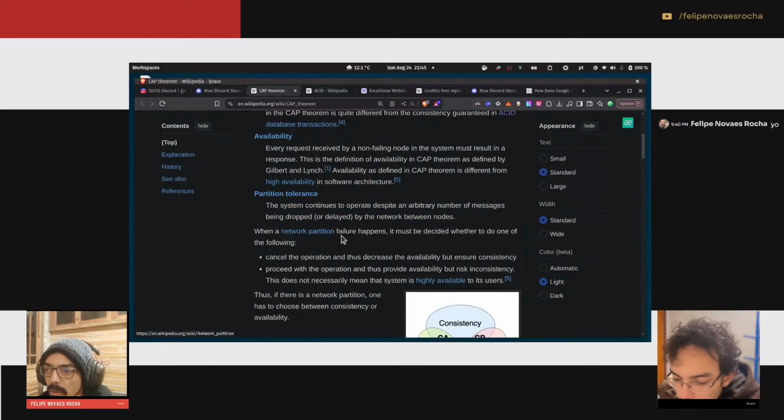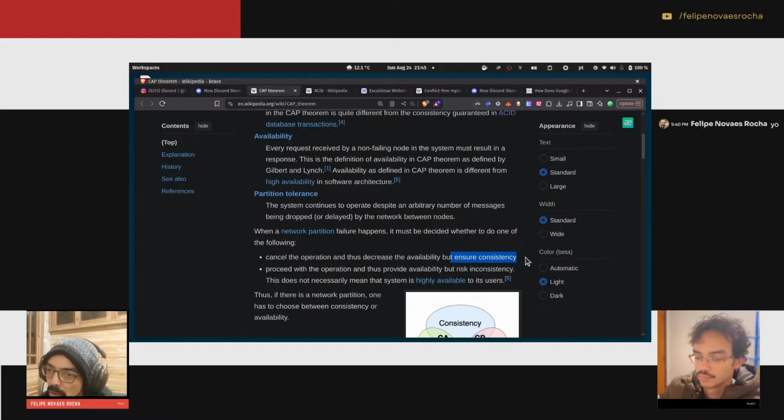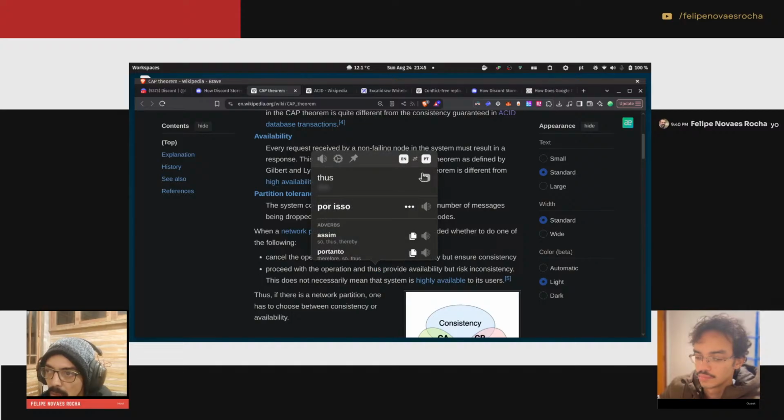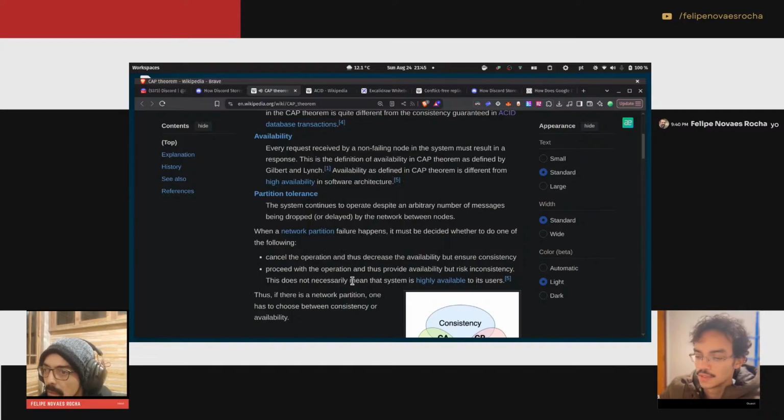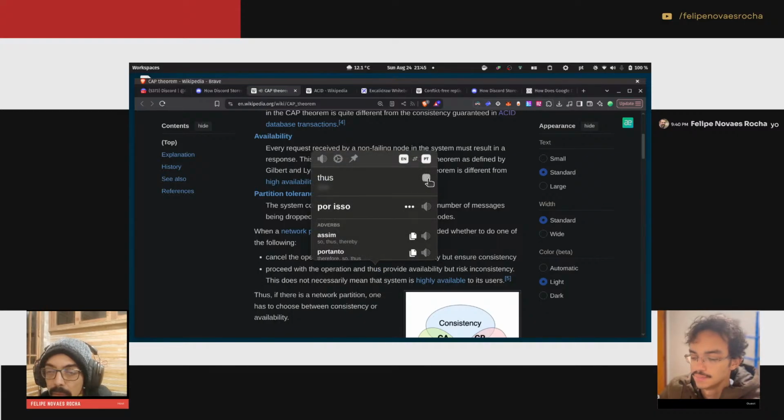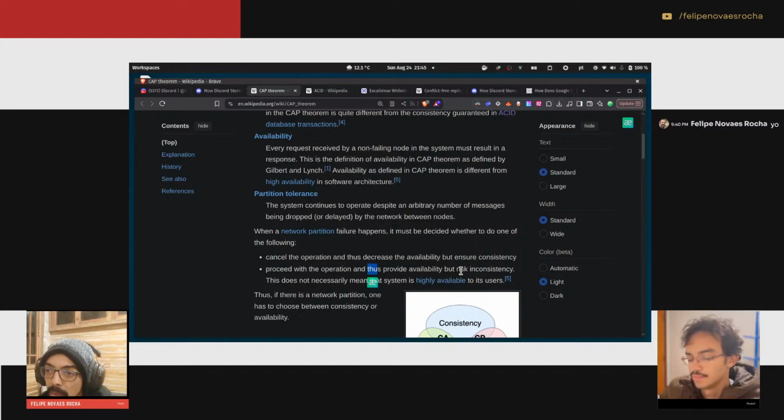So when a network partition failure happens, it must be decided to do one of the following: cancel the operation and thus decrease availability but ensure consistency, or proceed with the operation and thus provide availability but risk inconsistency.